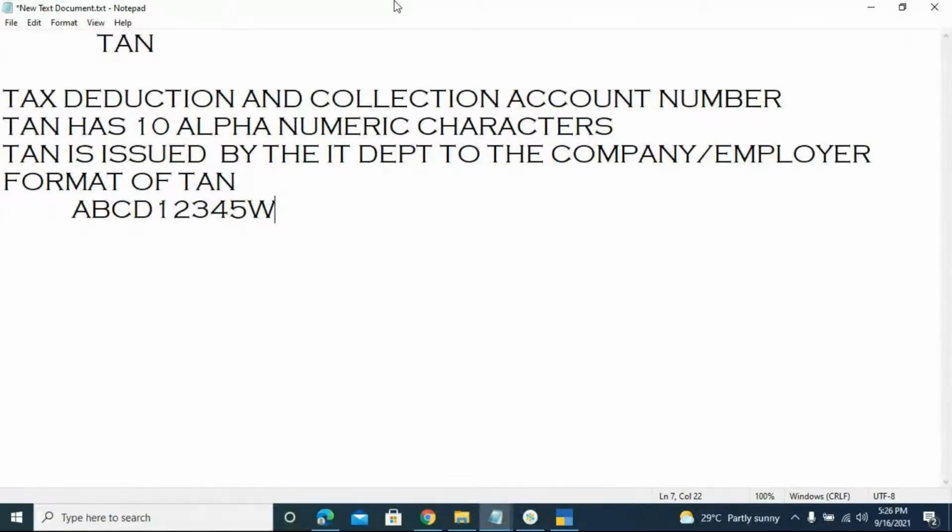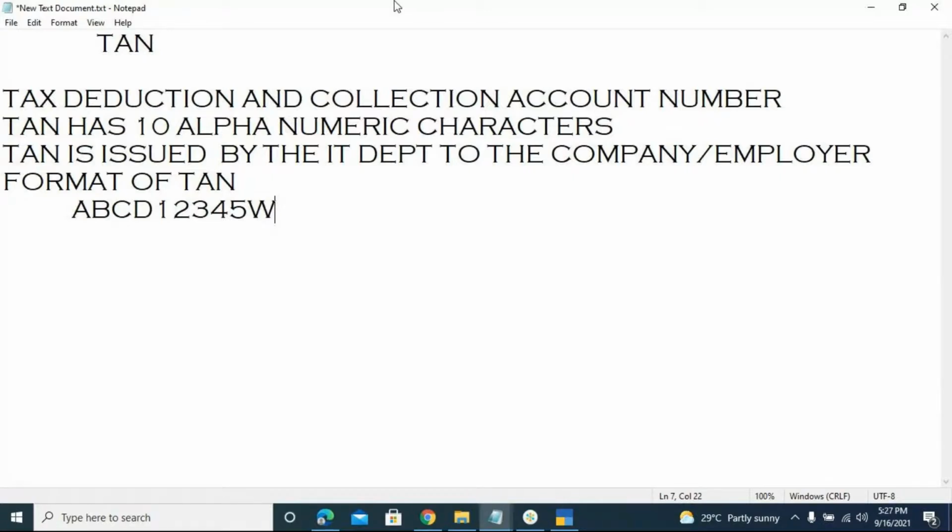Is it 4 alpha, 5 numbers, 1 alpha only in PAN? PAN is your permanent account number. Yes, or is it different from the TAN? So you can make out by the time I give the information.